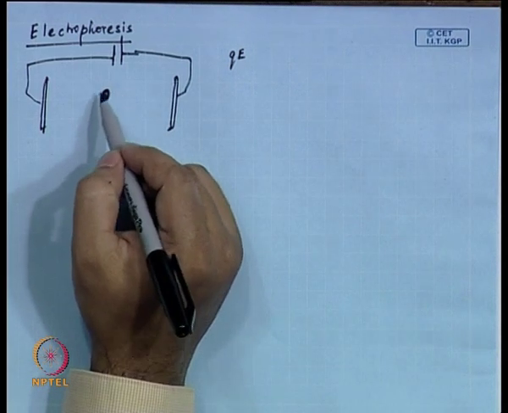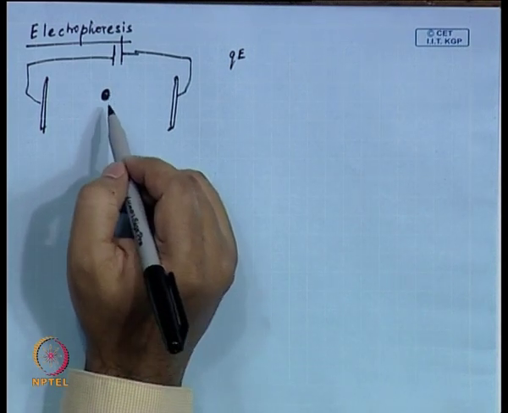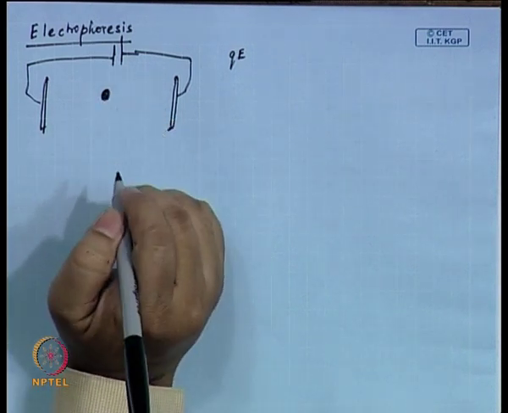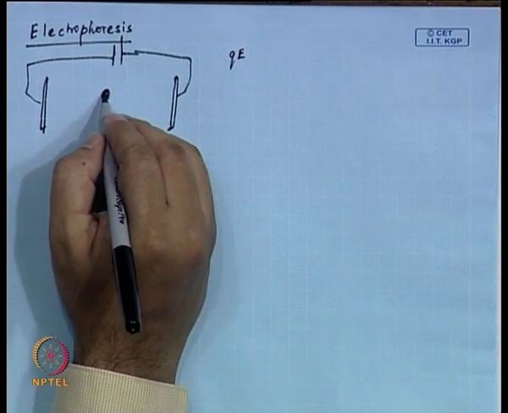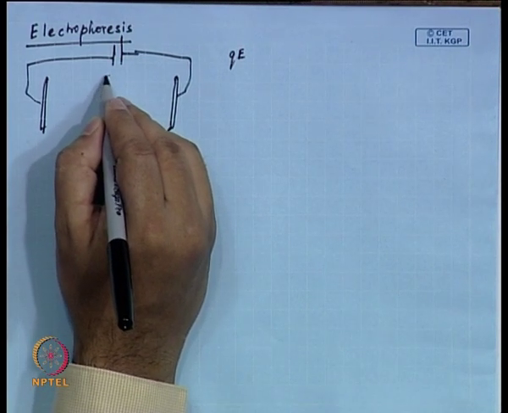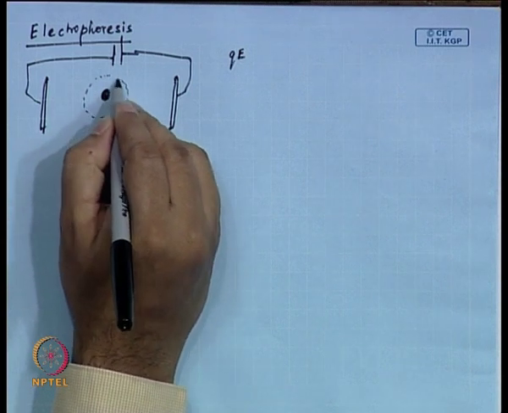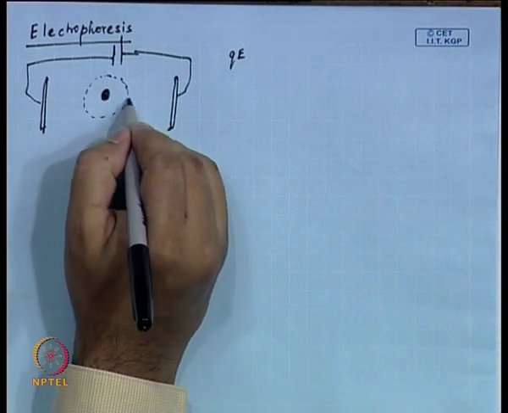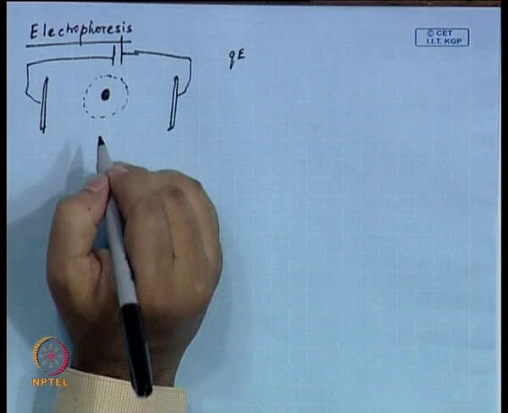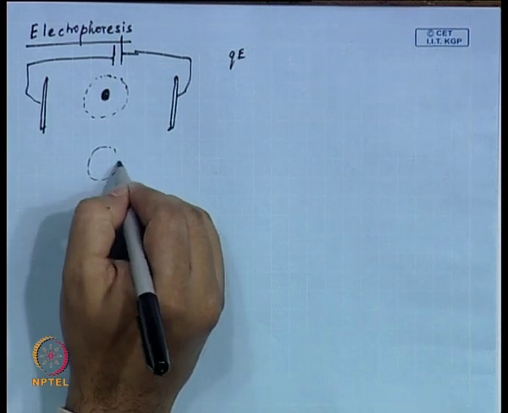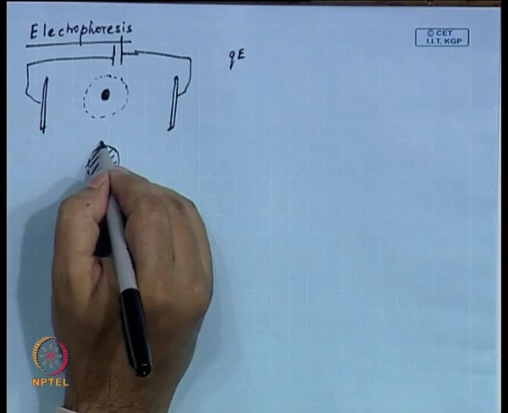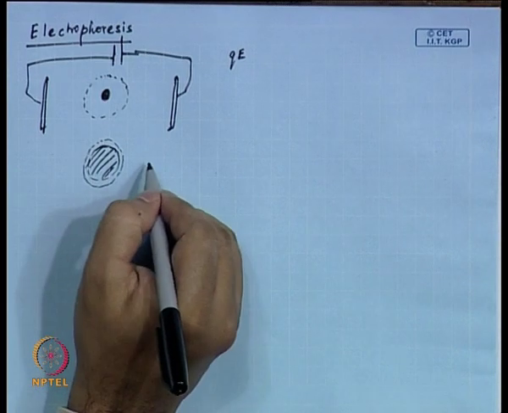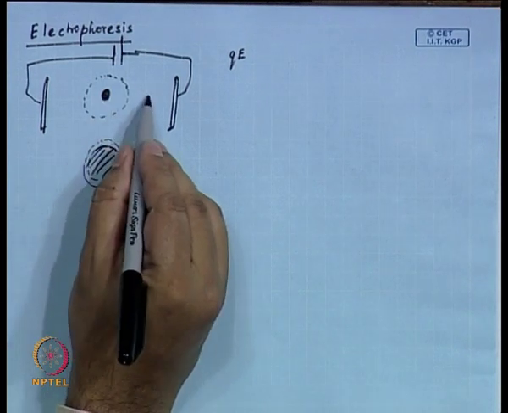We would be discussing in the next class what would be the velocity of this particle if the particle is small, in the sense that it has a huge Debye length, because there would be formation of an electric double layer around it, or if the particle is big. This is the particle and you have a small double layer forming around it, and then this would be pulled. So, what would be the velocity this particle will acquire?